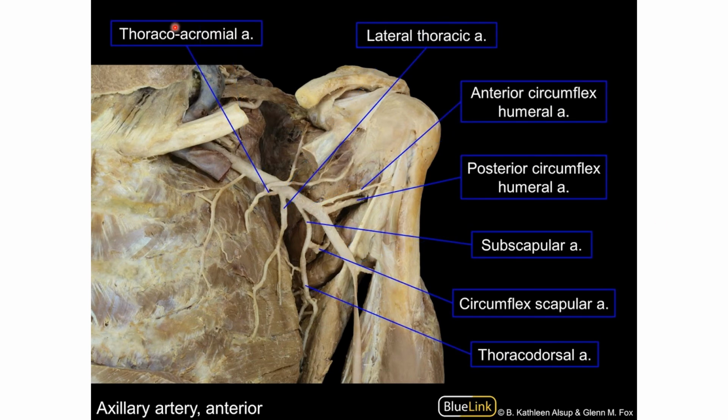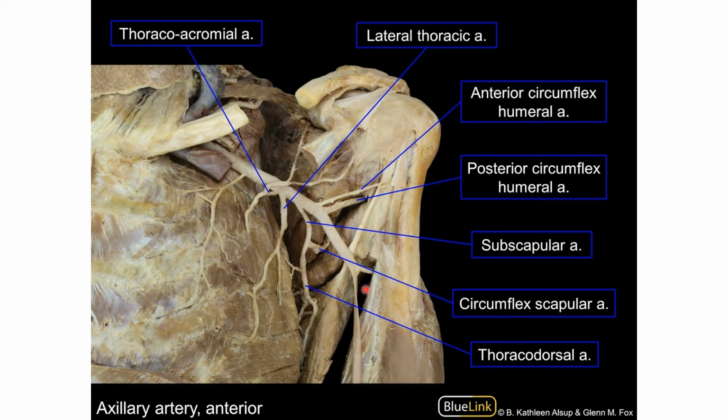Okay, so here they are named. This is actually superior thoracic artery, even though it's not labeled on this image. Superior thoracic artery, thoracoacromial trunk or thoracoacromial artery, okay, before it gives off these little branches. Lateral thoracic artery, subscapular artery, and then it gives off this branch that dives back posteriorly.